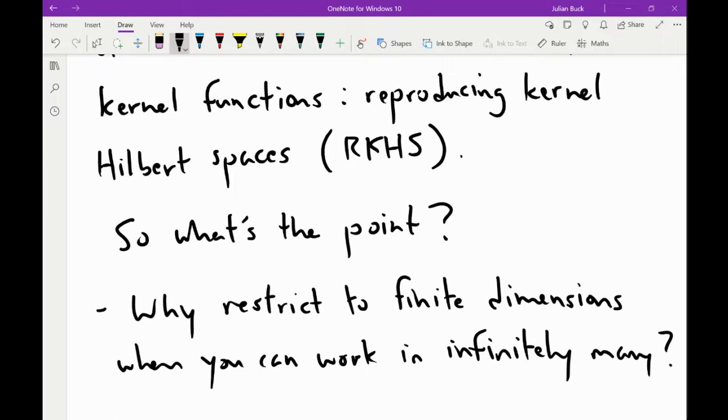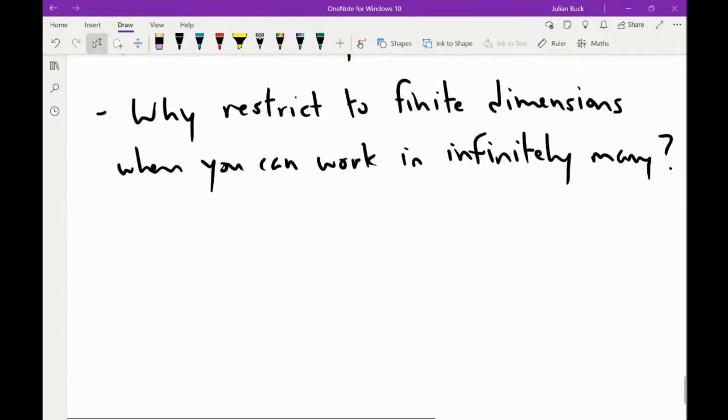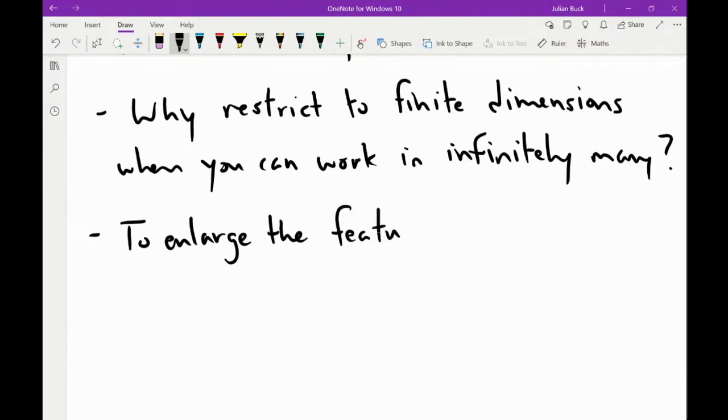But the other really important aspect of this is that to enlarge the feature space, we don't have to do what we did in the example. We don't actually have to compute the new feature values, like the x3 values that we did in that example earlier.